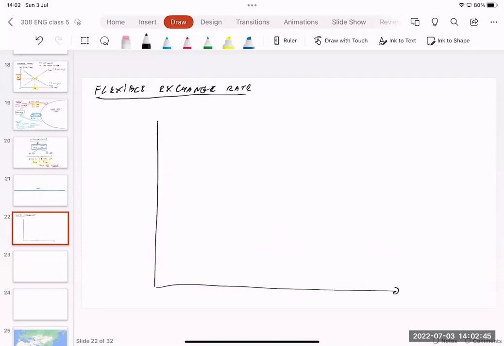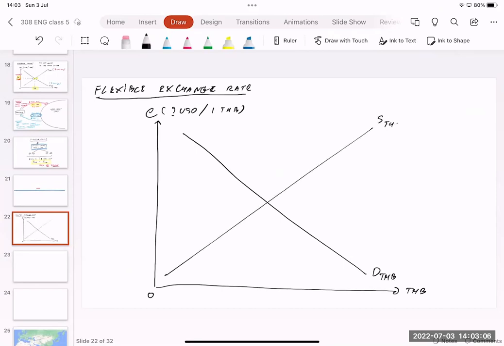On the horizontal axis, I have the number of Thai baht in the market. On the vertical axis, I have E for the nominal exchange rate: how many US dollars you get per one Thai baht. You can write it down like this. And then I have the demand for Thai baht curve and the supply for Thai baht curve.